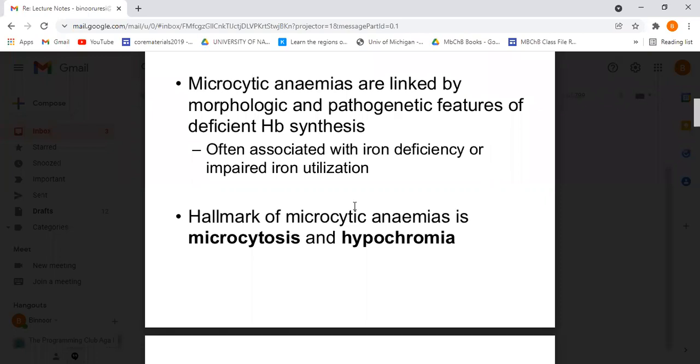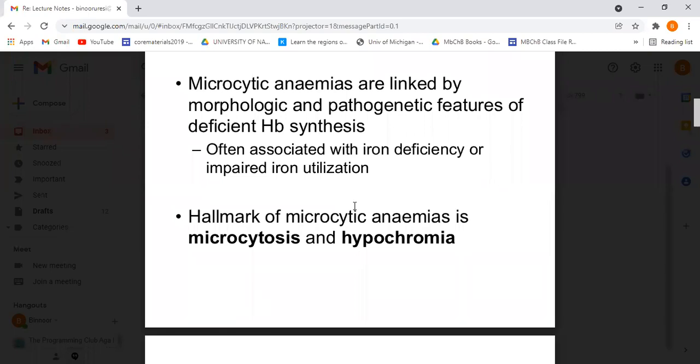Everything behind why they're microcytes is because they lack hemoglobin, which is normally found in the middle. So when it shrinks, the cell also shrinks. That's why it becomes a microcyte. It's often associated with iron deficiency or impaired iron utilization. Generally, that is the main cause, because we need iron mainly for hemoglobin synthesis. If you lack iron, you do not synthesize the hemoglobin.